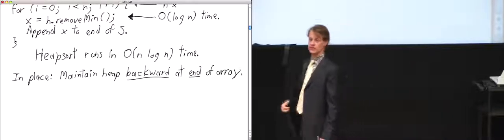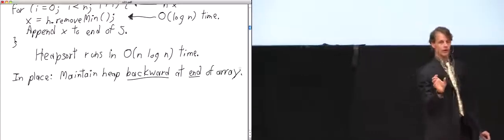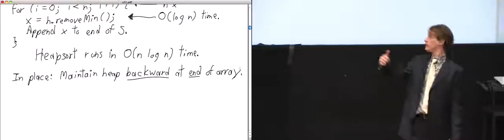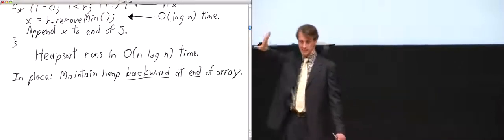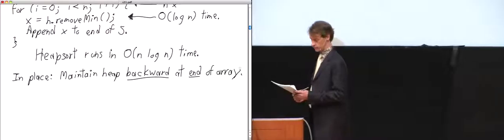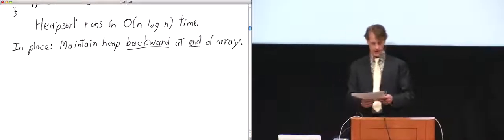And the way to make sure that the heap is shrinking towards the right end of the array is to store it at the right end of the array in backward order. So we take the level numbering and we reverse it. And that makes things work out so that you always can fit everything into the array.